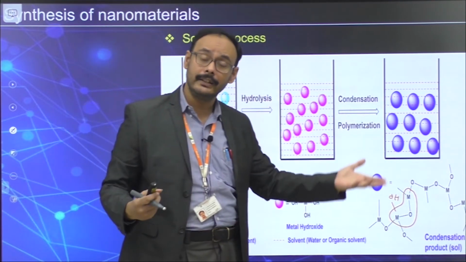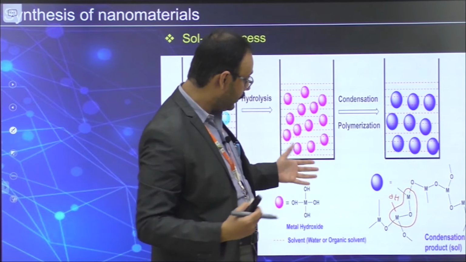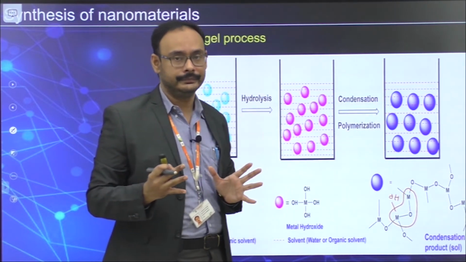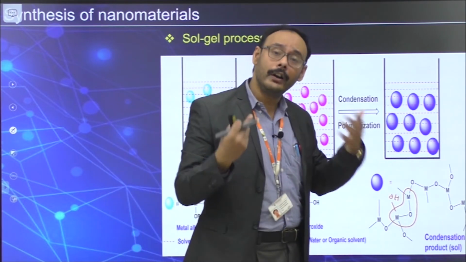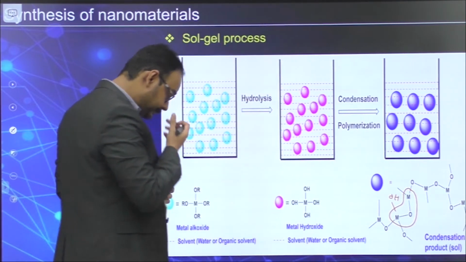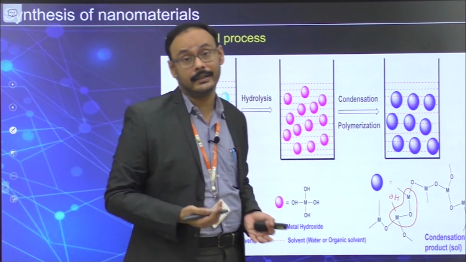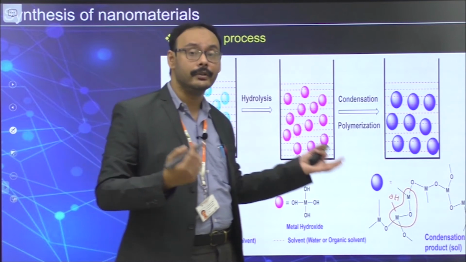Irrespective of that, we have now discussed the chemistry behind it. So eventually it is going to form a three-dimensional network structure. It will keep on going depending on the reaction conditions, the availability of the precursor, and the catalyst you are using.